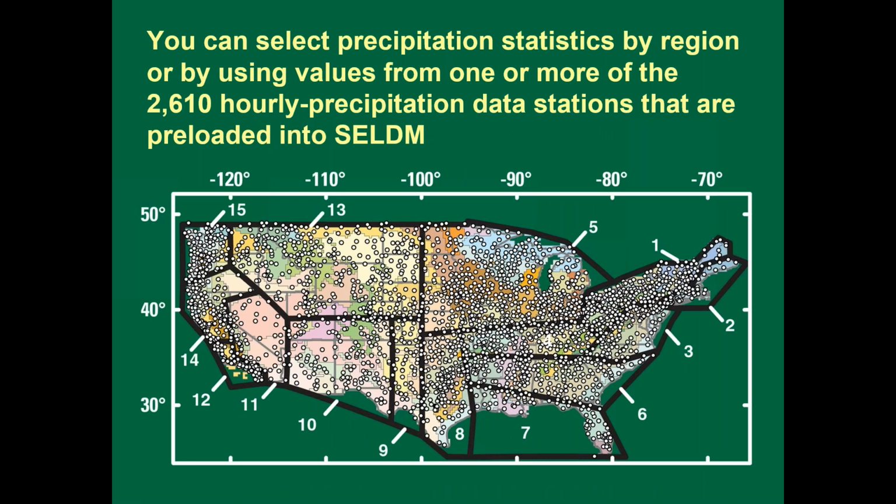As I mentioned in previous presentations, given your latitude and longitude, you can select your precipitation statistics by EPA rain zone, which are these black polygons, or by ecoregion, which are these pastel-colored polygons. Or when we went through SELDM, we went quickly to a level 2 analysis. Nevada is easy to use because you have these 3 sites alone.